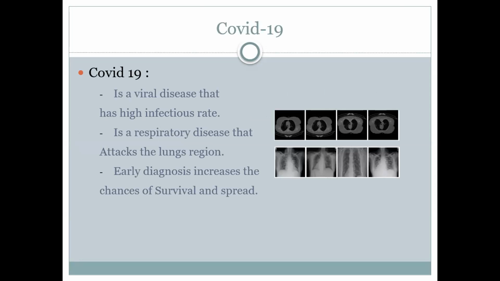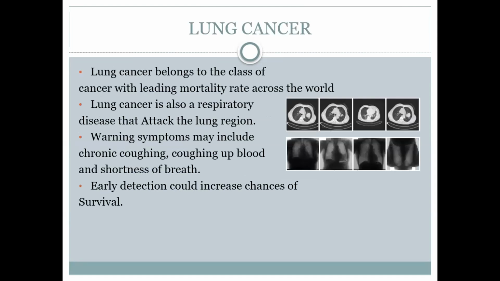So, COVID-19 overview. Firstly, we know that COVID-19 is an infectious disease that emanated from China, and that it's a viral disease and is highly infectious. It's also a respiratory disease that attacks the lung region, and early diagnosis of this disease can increase the chances of survival of such patients.